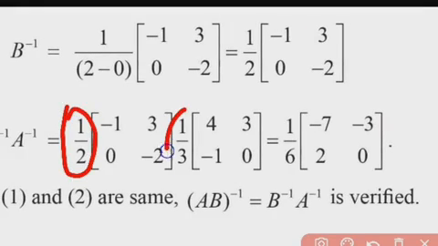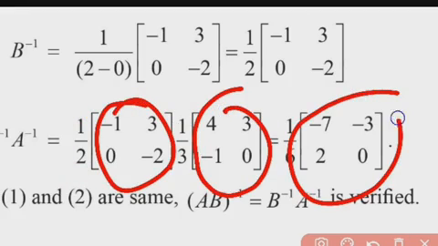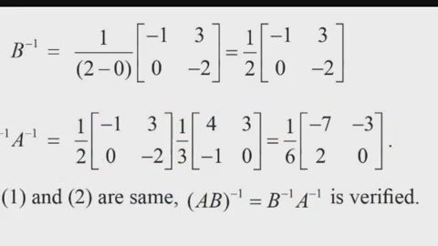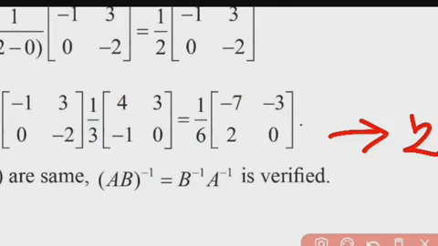Before that we multiply the number 1 by 2 into 1 by 3, giving 1 by 6. Next if you multiply the remaining matrix, you get the same value. Keep this as equation number 2, compare equation 1 and 2, you get the same value.